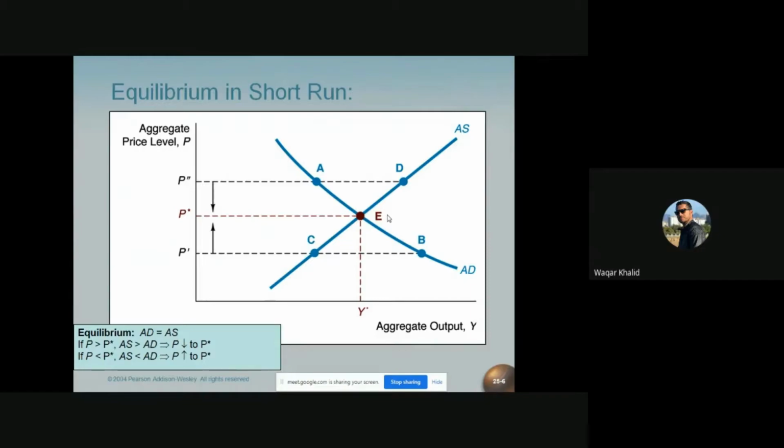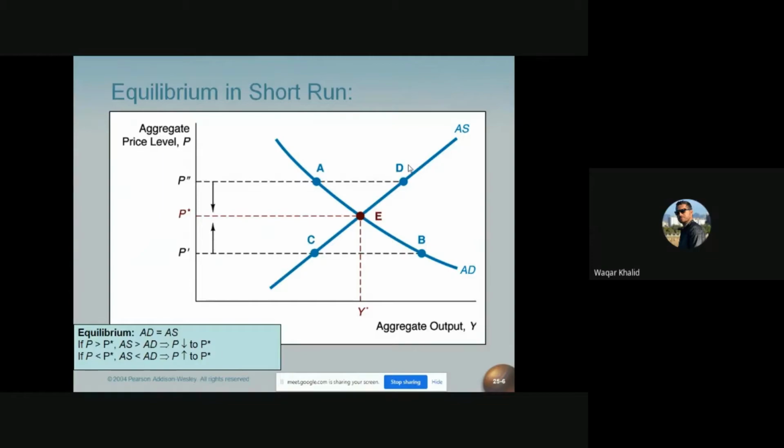What happens when we are at a price level above the equilibrium price? For example, look here, P double dash. Suppose we are here, and you know that this price level is above the equilibrium price level. At this price level, aggregate demand is at point A and aggregate supply is at point D. Can you see the difference between A and D?